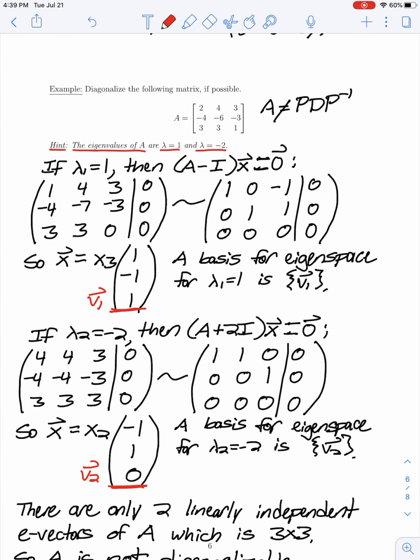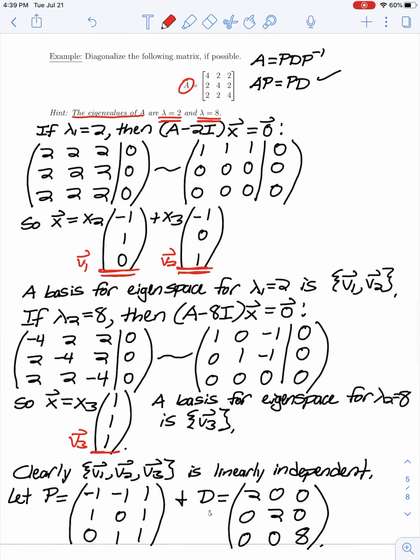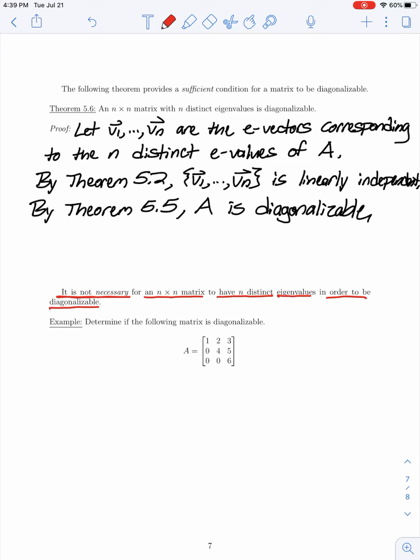As an example, in the example that we started this lecture with, we had the matrix A, a 3 by 3 matrix, and it only had two distinct eigenvalues, but it was diagonalizable. We didn't have to have three distinct values. But we are guaranteed that if a 3 by 3 matrix does have three distinct eigenvalues, then it will be diagonalizable. So a sufficient condition, but not necessary.